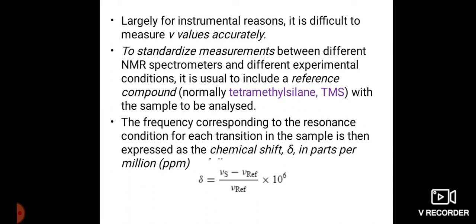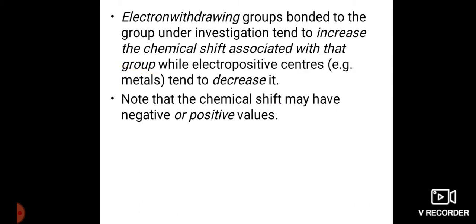The frequency corresponding to the resonance condition for each transition in a sample is expressed as chemical shift, measured in parts per million. So, delta is equal to nu s minus nu ref, divided by nu ref, into 10 power minus 6, where nu ref is the frequency of resonance of the reference. That gives you the delta value, the chemical shift value.